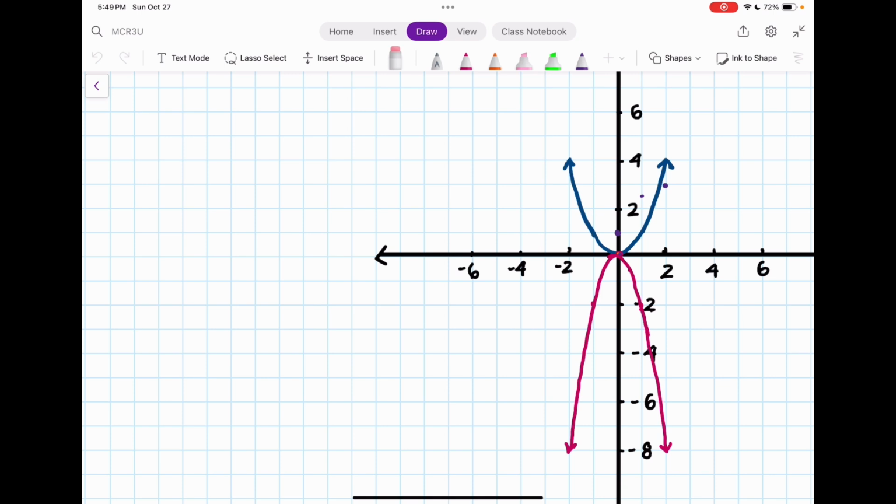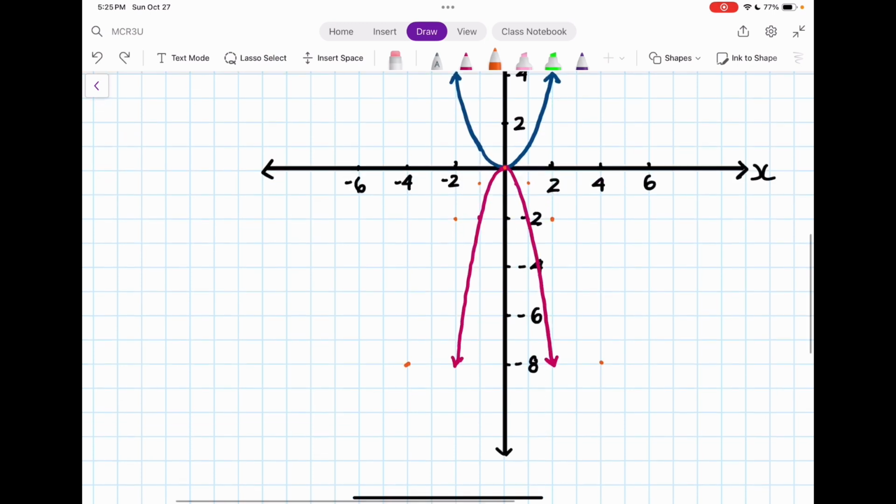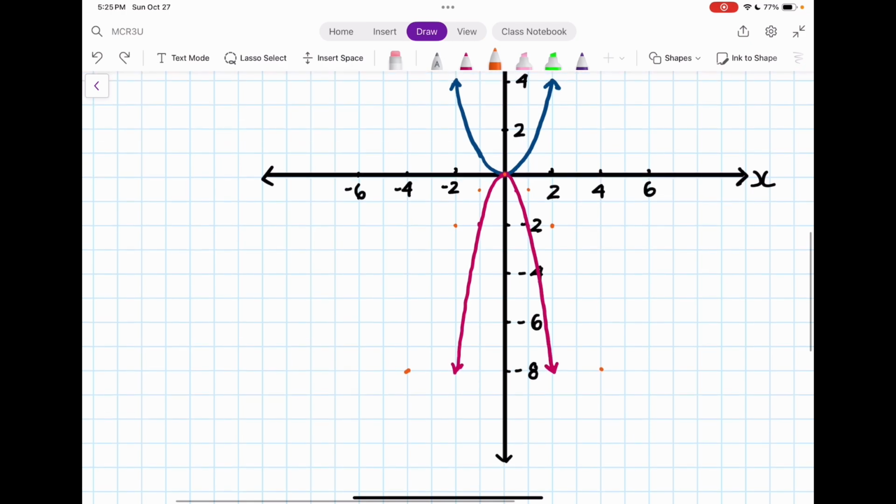So now we take everything from our pink graph and we're going to take all of our points and the x values are going to be multiplied by 2. So 0 times 2 is just 0, so that my turning point's not changing. However, where I have 1 and -2, I'm now going to have 2 and -2, and then, of course, it mirrors on the other side. And then I'm going to have 4 and -8. So we just connect our points.